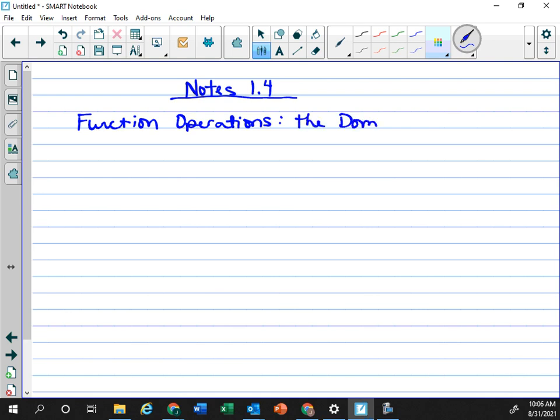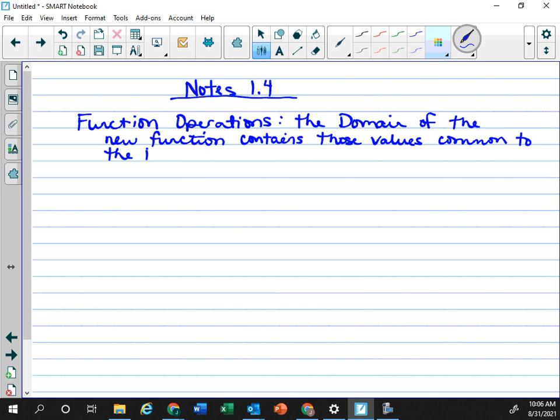The domain of the new function contains those values common to the domains of the individual functions. So jot it down and then I'll explain a little more.